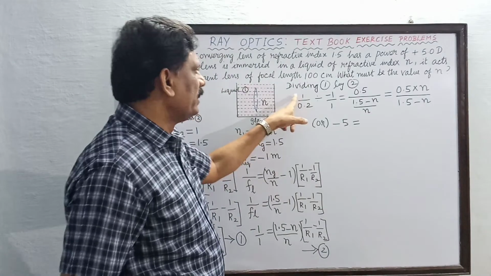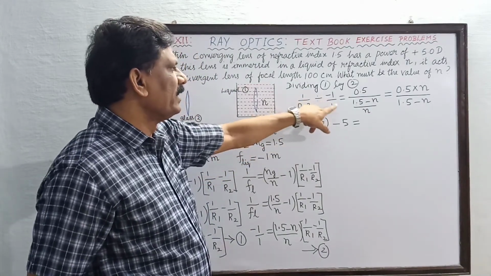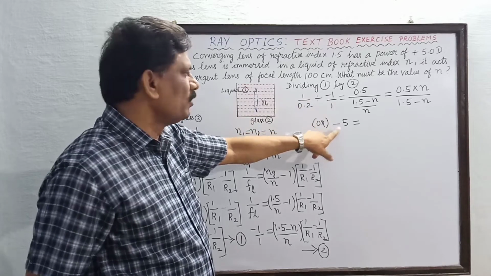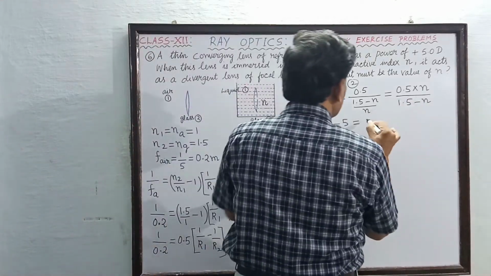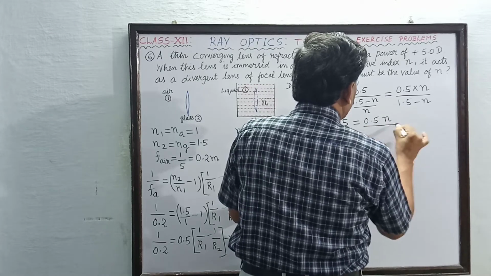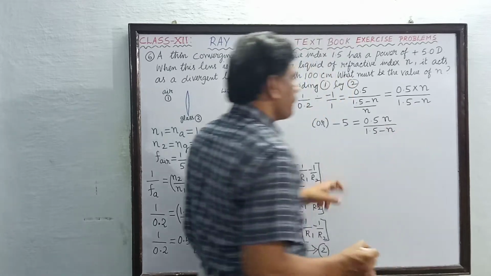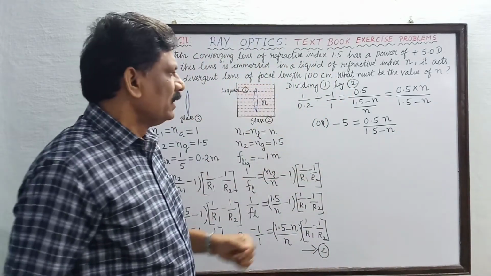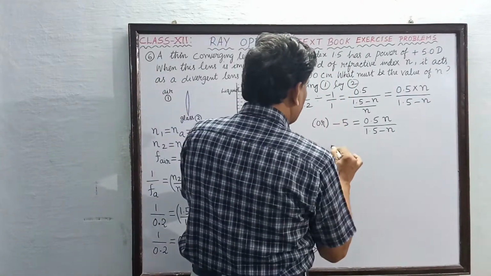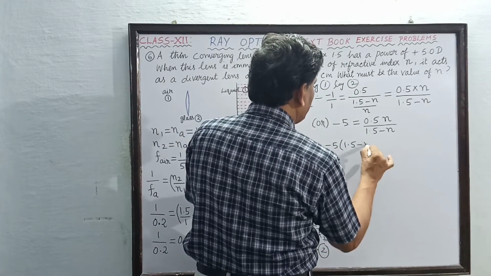And here minus 1 by 1 is minus only. So minus 5 on the left hand side is equal to 0.5n divided by 1.5 minus n.